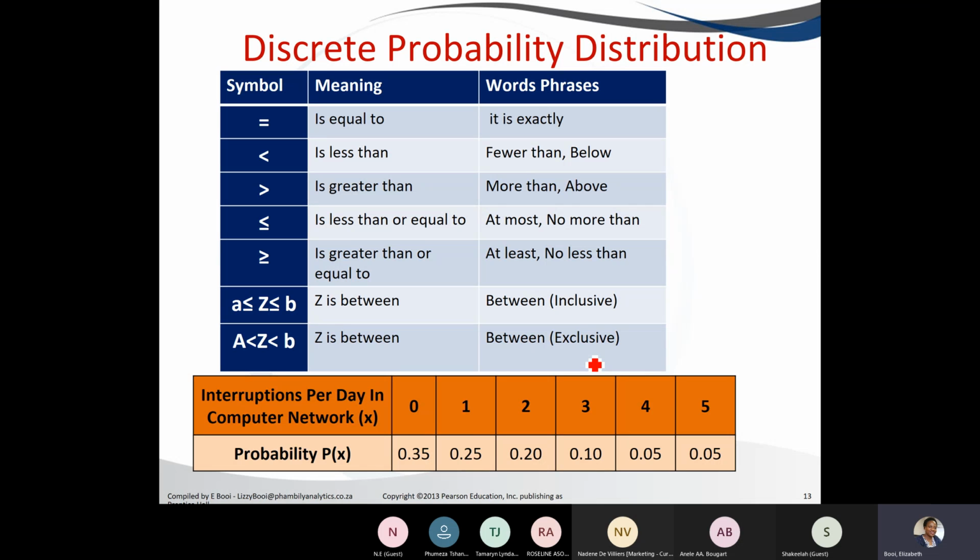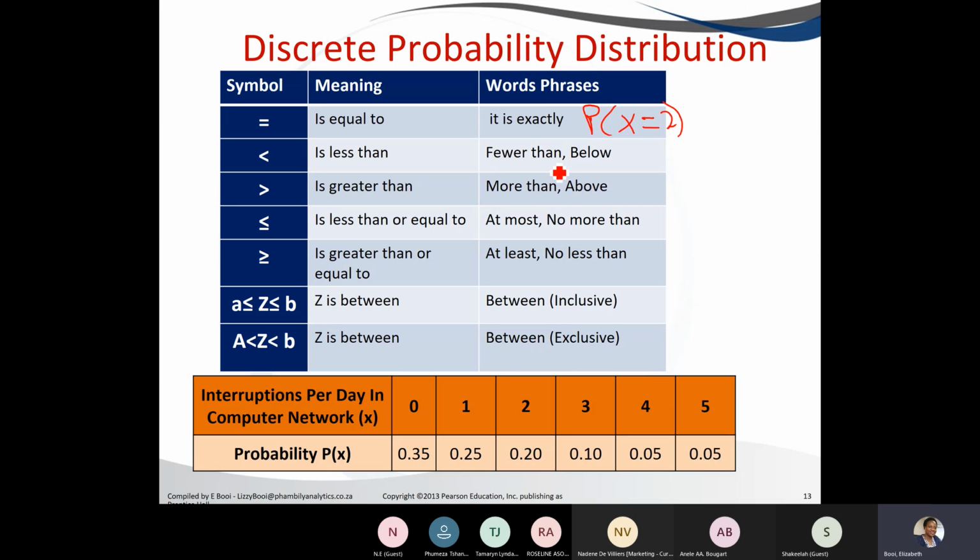So let's say we want to calculate the probability that the number of interruptions that will happen in a day is equal to, or is exactly, that. If we say it in a probability function, we'll say what will be the probability that an interruption will occur exactly. There will be two interruptions happening.